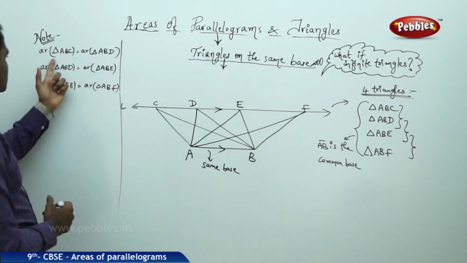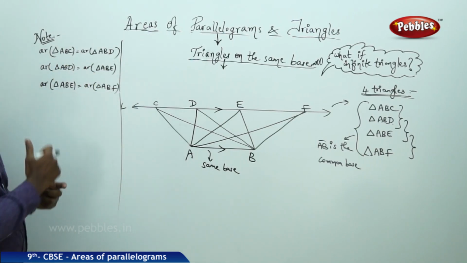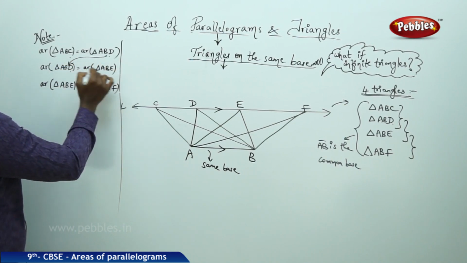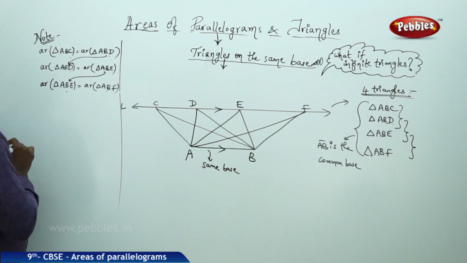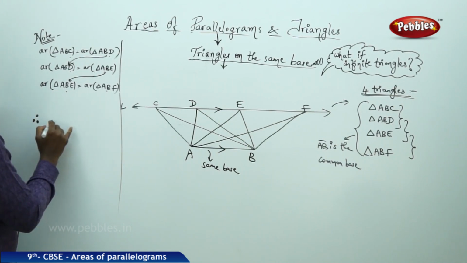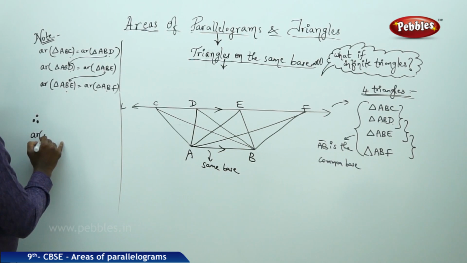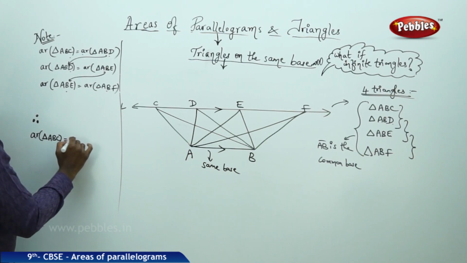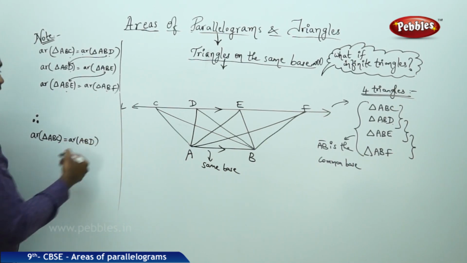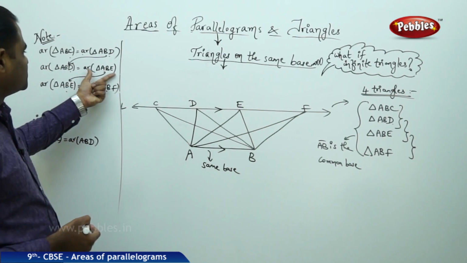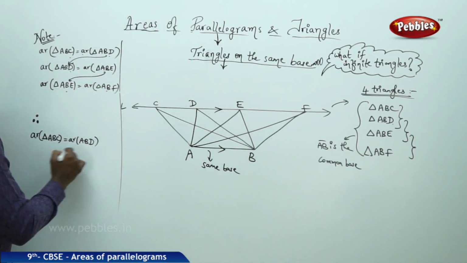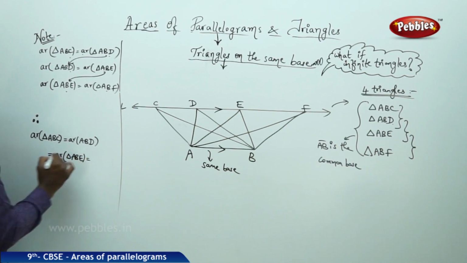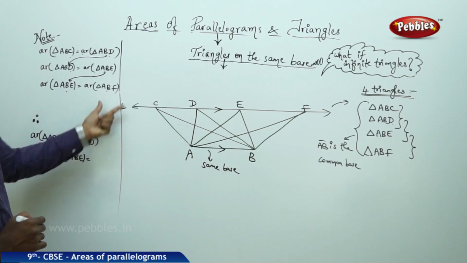Now, when I combine all these possibilities, triangle ABC equals triangle ABD, which in turn equals ABE, which in turn equals ABF. Therefore, area of triangle ABC must be equal to area of triangle ABD, which equals area of triangle ABE, and ABE equals ABF.